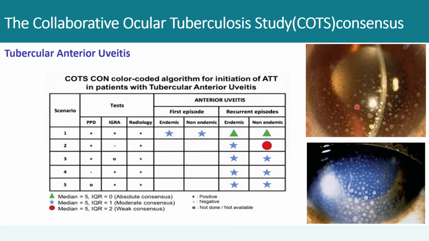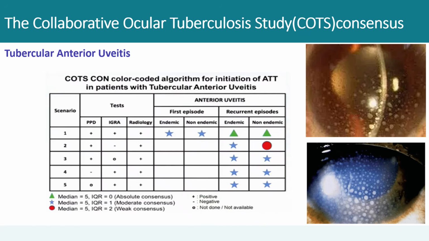They say that in the presence of tubercular anterior uveitis only, in all situations, before you start anti-tubercular treatment, there should be strong radiological evidence of exposure to tuberculosis, in the form of cavitations or calcification in the apex of the lung, or by CT scan.